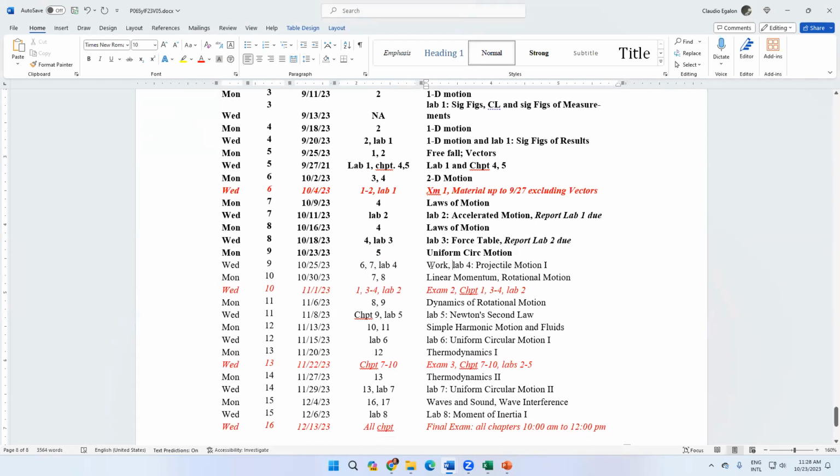Let me adjust the schedule here. We'll have to continue with chapter 5, uniform circular motion, and then work. As we go along, I will be updating this schedule.